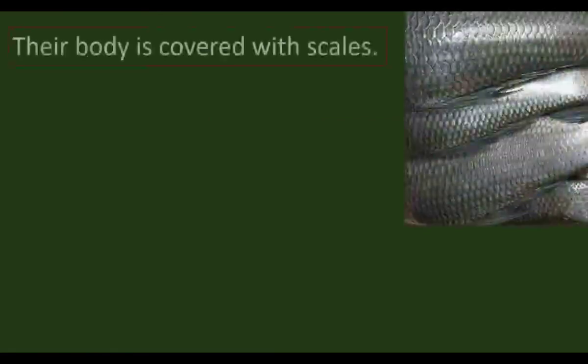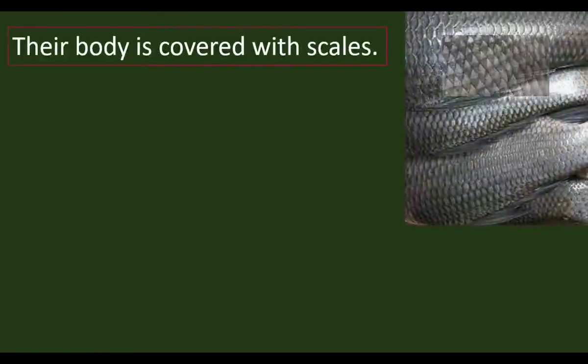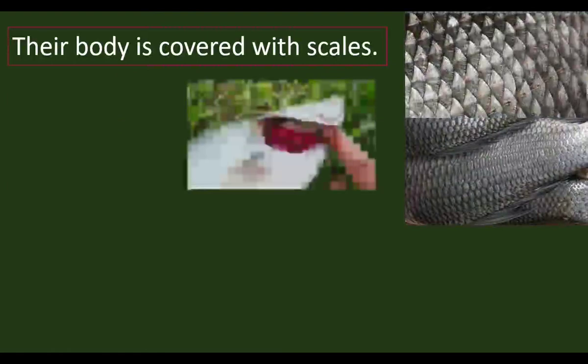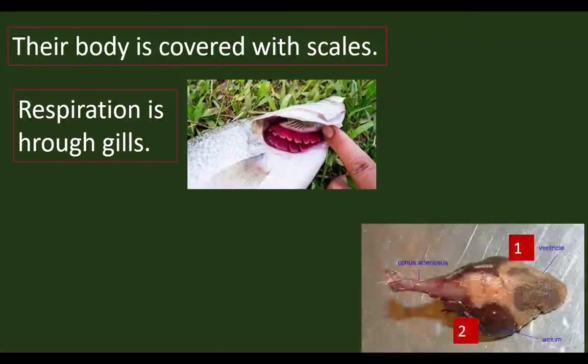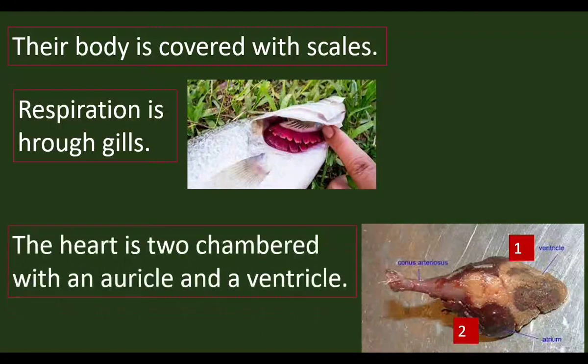The body of fish are covered by scales. Scales are the body coverings. Gills involve in respiration. Fishes respire through gills. Their heart is two-chambered, one auricle and one ventricle. Heart of fishes are two-chambered with one auricle and ventricle.